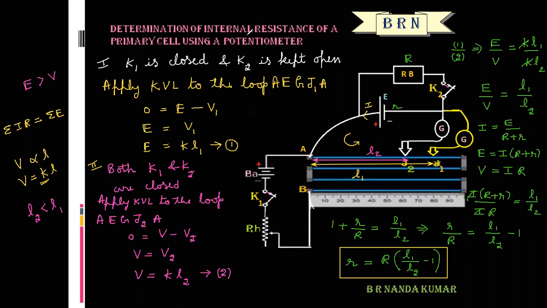So what is the meaning of internal resistance of a cell? The opposition offered by a cell to the flow of current is called the internal resistance of a cell. What are the factors affecting the internal resistance?